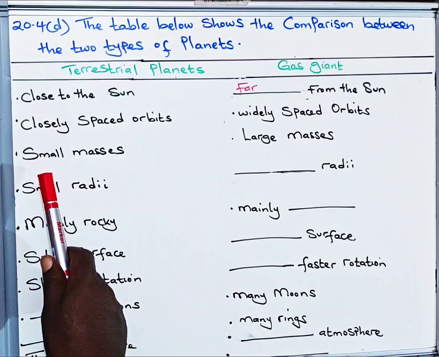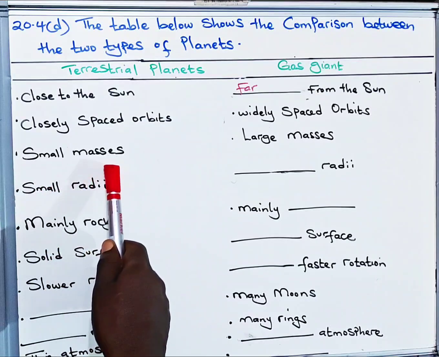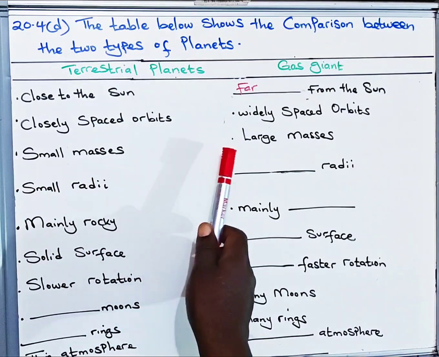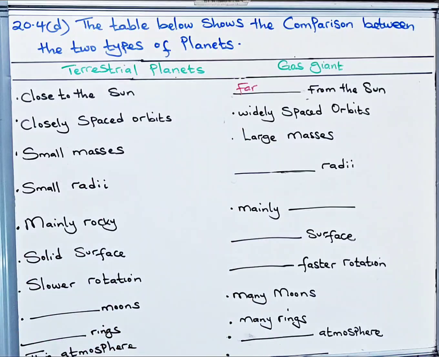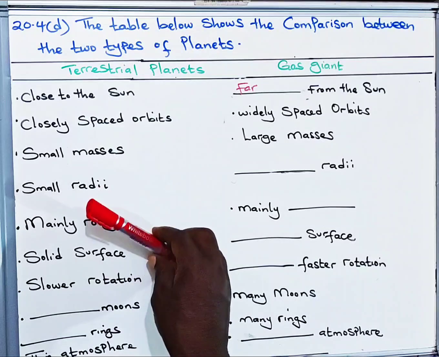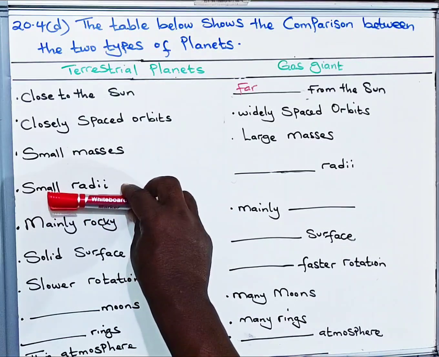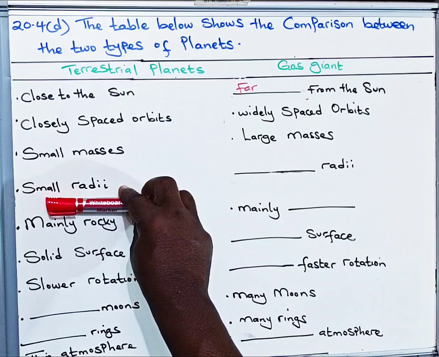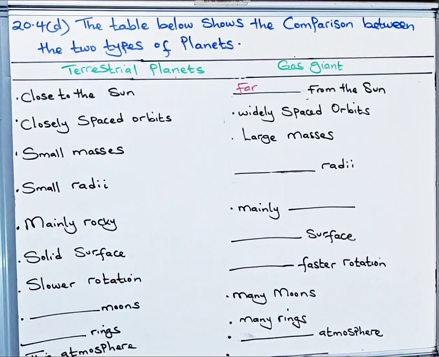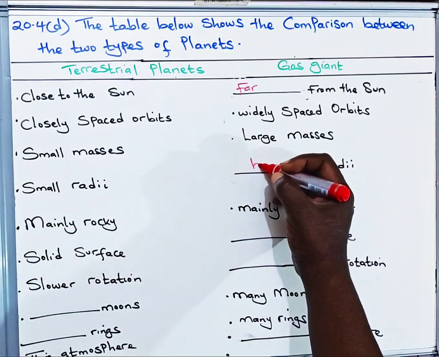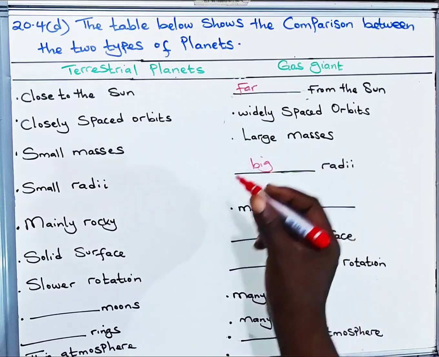Then we come here. These are small masses, while the gas giants are large masses. The radius: these planets have small radii, while this one has big radii.